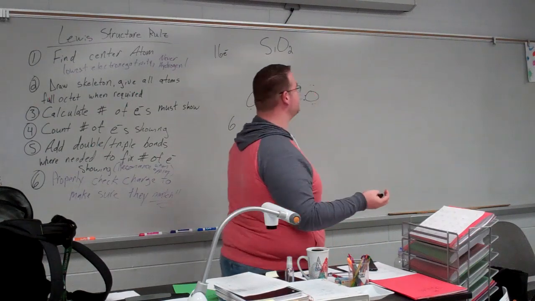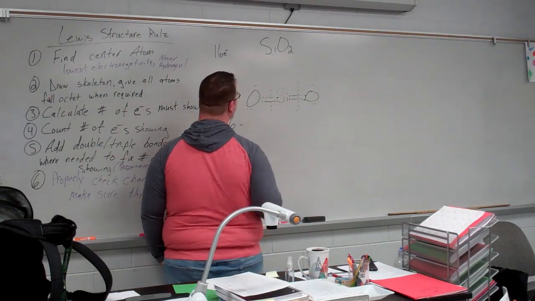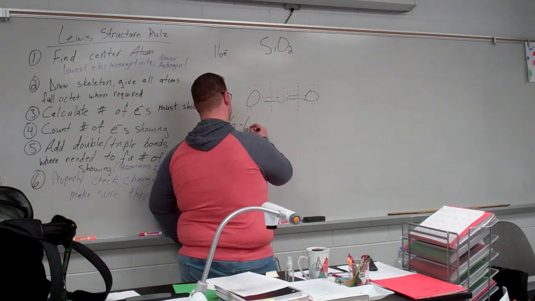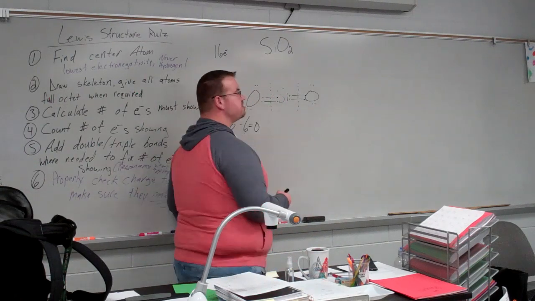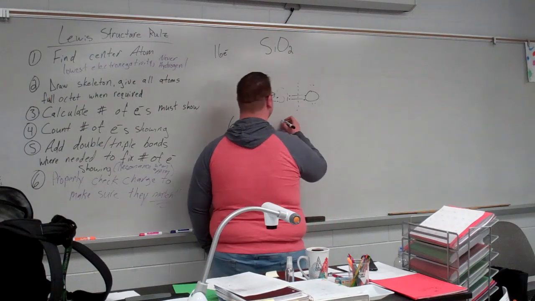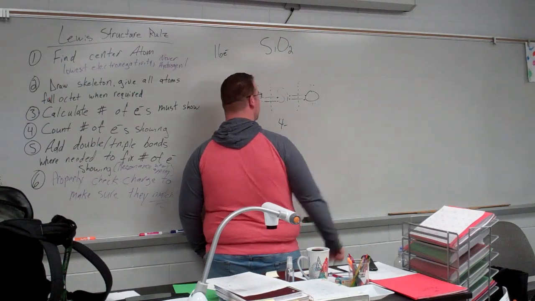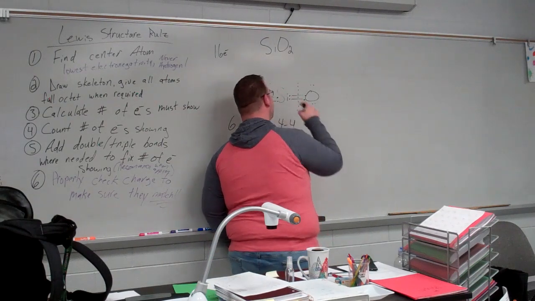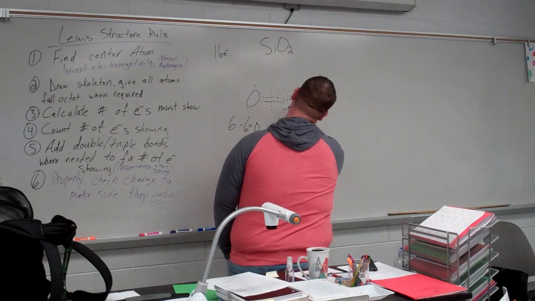16th column has 6 valence electrons, minus how many electrons are showing now. 1, 2, 3, 4, 5, 6. So 0. That oxygen's neutral. Silicon. How many valence electrons does silicon normally have? 4, minus 4, because I'm showing 4 now. 1, 2, 3, 4. 0, neutral.